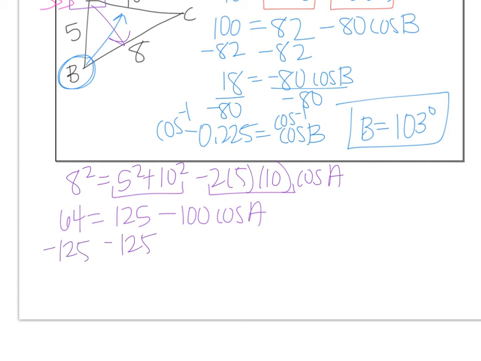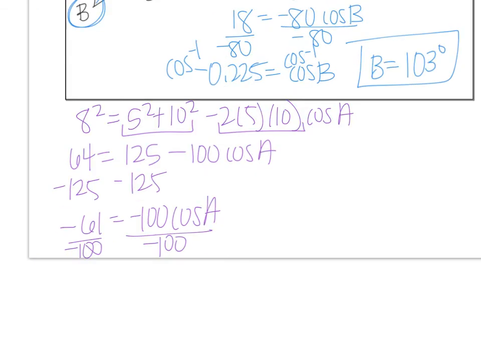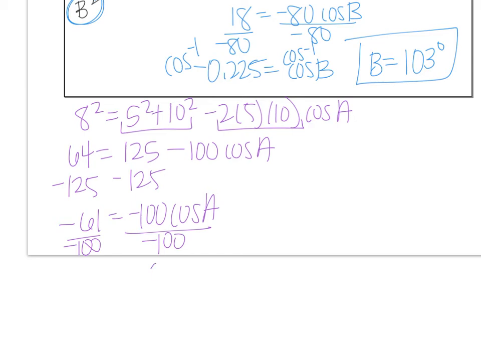We get negative 61 equal to negative 100 cosine A. And then we divide by negative 100. And we get cosine A is equal to 0.61. And then we have to do cosine negative 1 to figure out what A is.